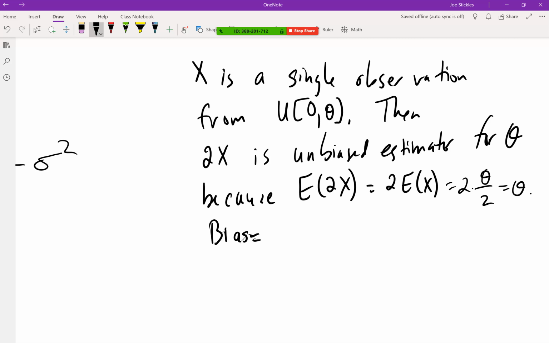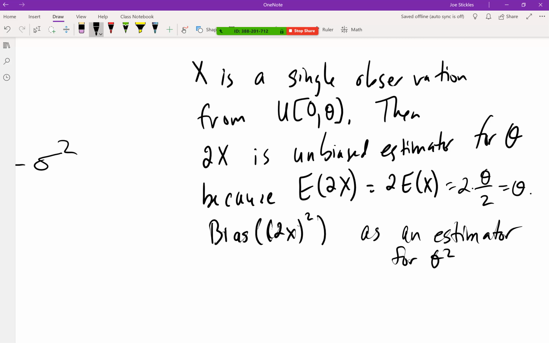All right. So let's calculate the bias in 2x quantity squared as an estimator for theta squared.